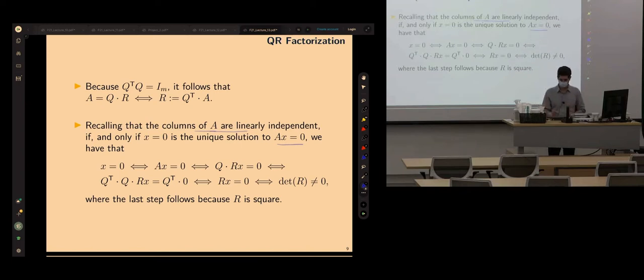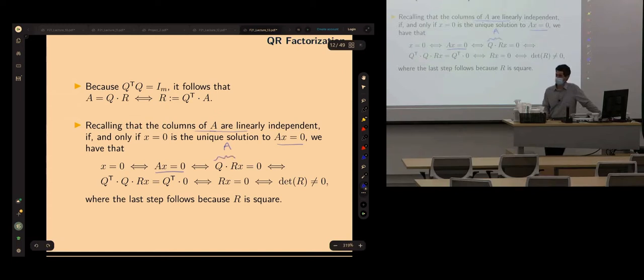What about QR? Now we know that the columns are independent. That means that Ax equals 0 has a unique solution. And we know that A is QR.